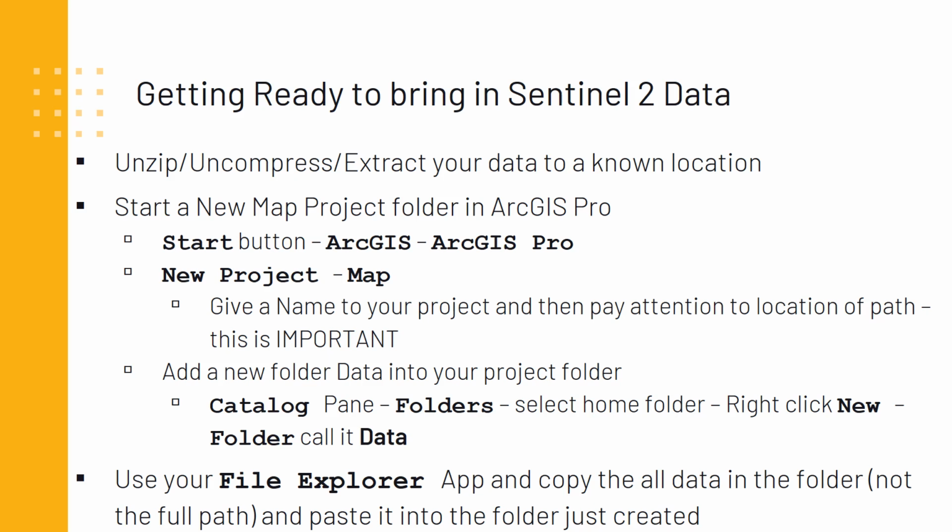The reason I'm suggesting you don't use the full path is sometimes ArcGIS Pro has issues with very long file names. This is particularly true with raster data. So by keeping only the data and not the full path where it would be located, it's going to make the path much shorter, and therefore should eliminate some problems that you may run into.